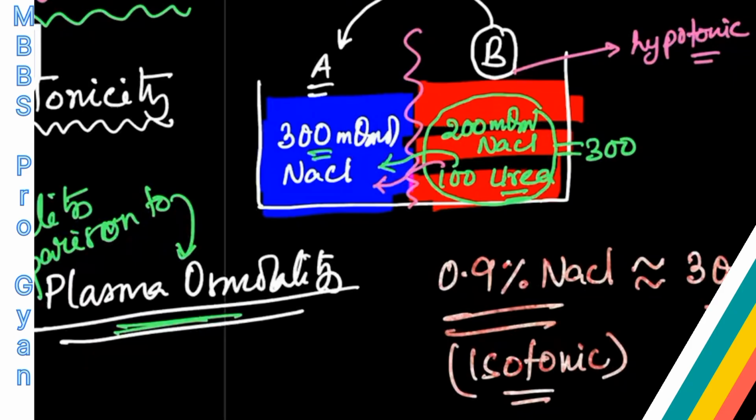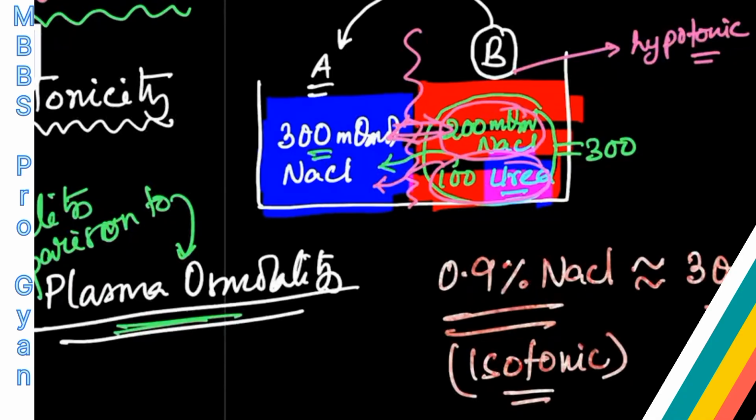Getting my point? So what I am saying is that because urea is an ineffective osmol, I am using the words effective osmolality in comparison to the other. Initially, whenever you give 200 milliosmol NaCl and 100 milliosmol urea in this compartment, the total osmolality is the same as that of compartment A, meaning both of them are iso-osmolar. But iso-osmolar may not be isotonic. Why?